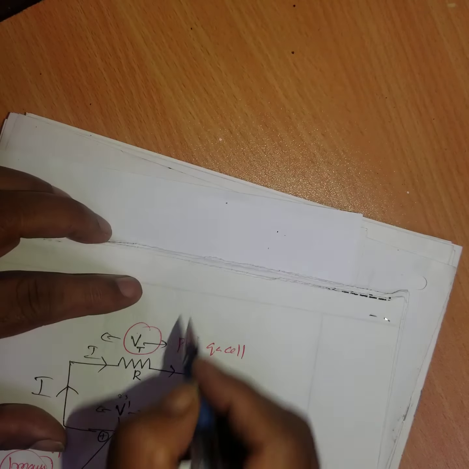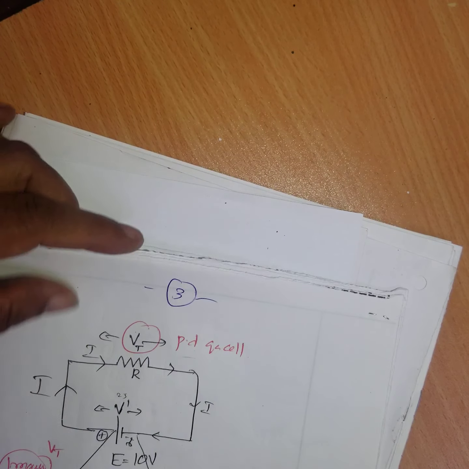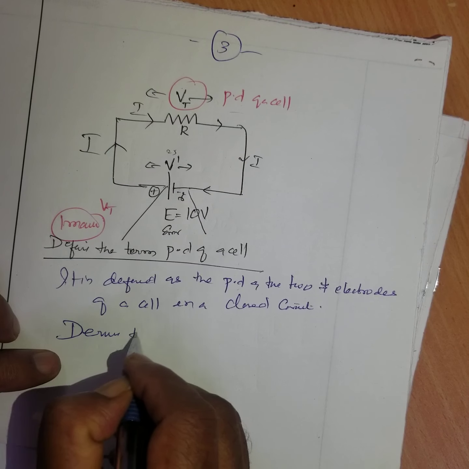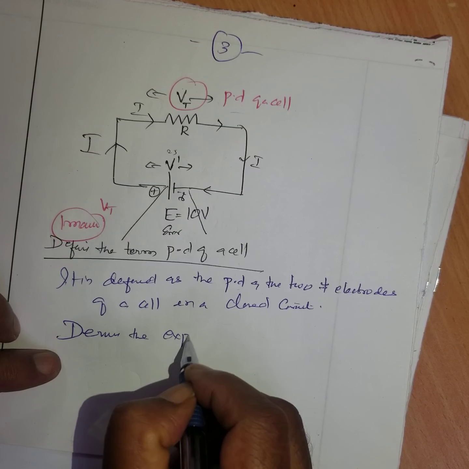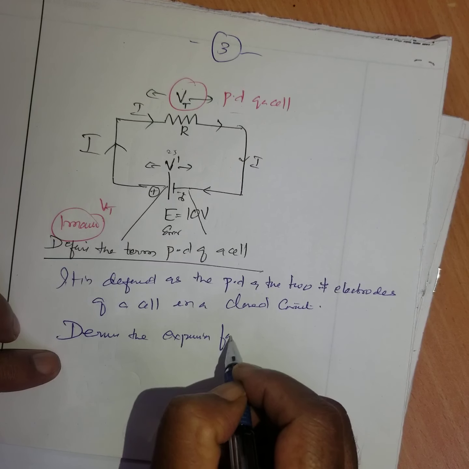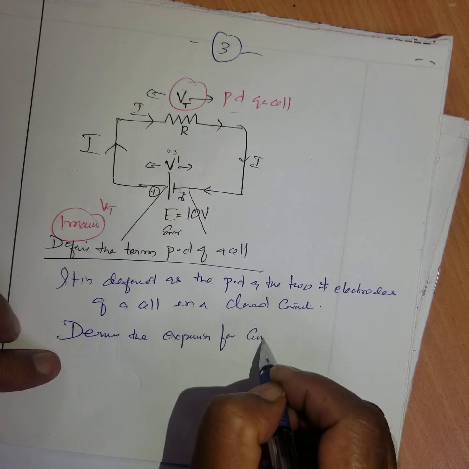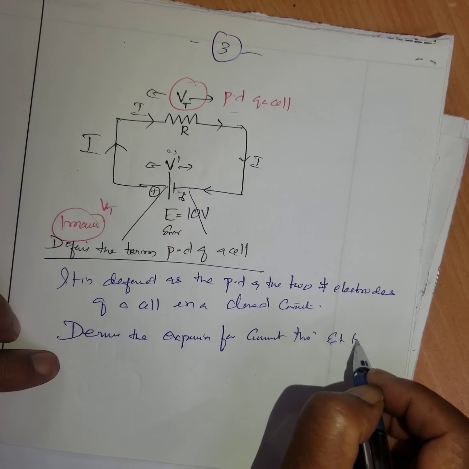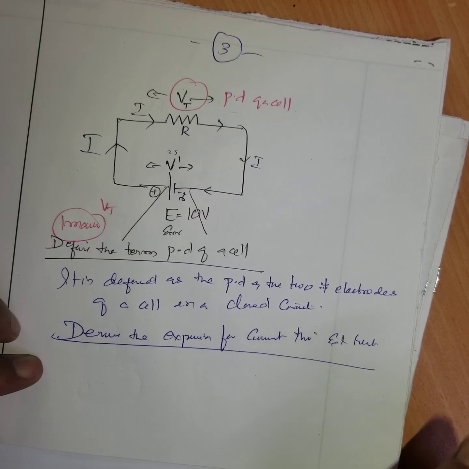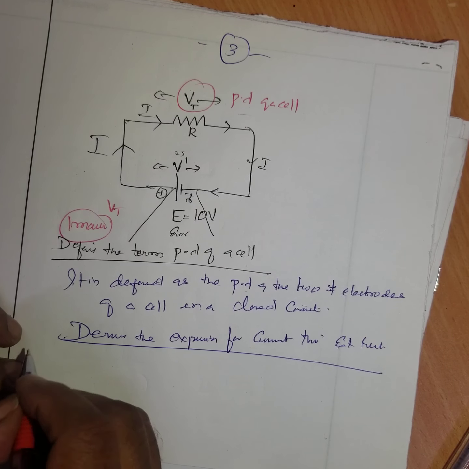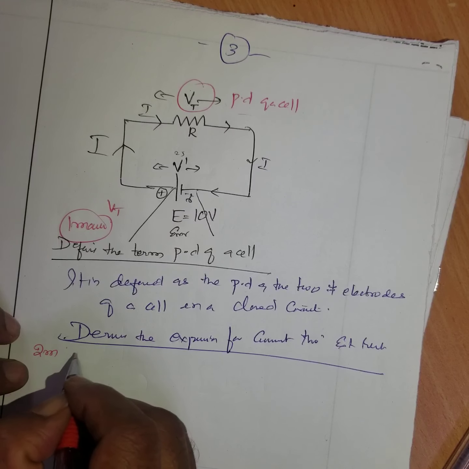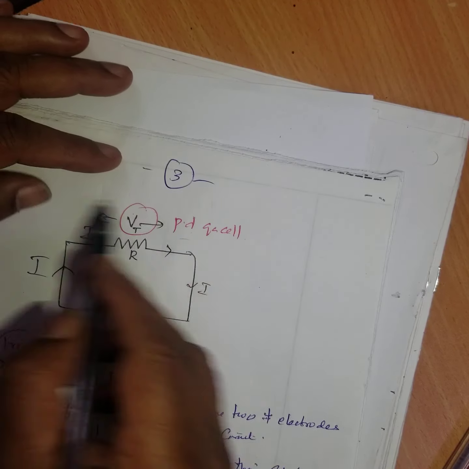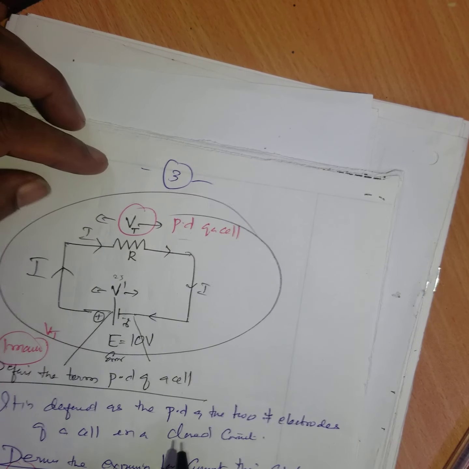Okay. Now they may ask you to derive the expression for the current through the external resistance. They'll ask you for 3 marks or 2 marks, it depends. See, consider an external circuit. Write on the same diagram.